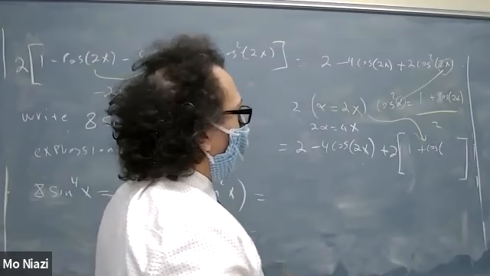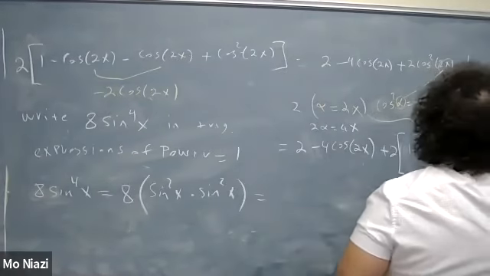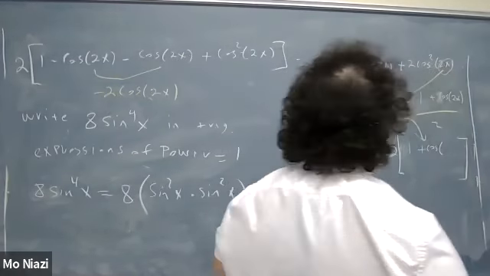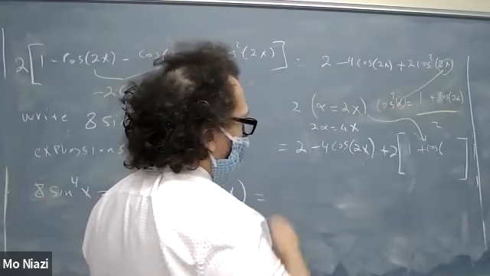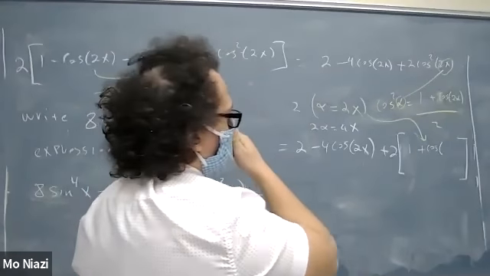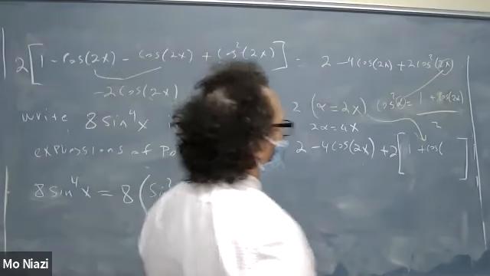So if cosine squared alpha is equal to this, then cosine squared 2x is the same thing, 1 plus cosine of 4x, over 2.